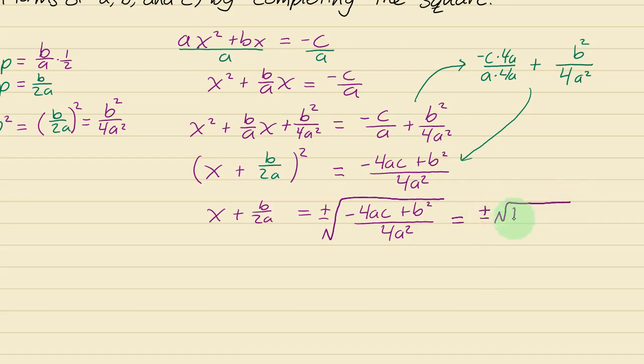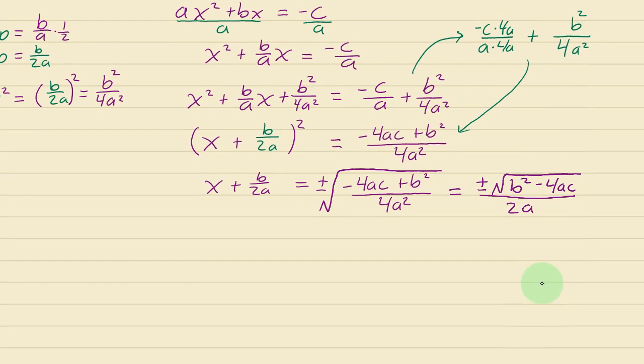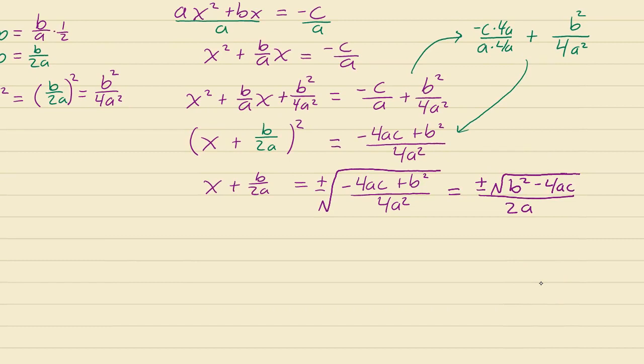And why not write this as b squared minus 4ac. I don't know why, no reason. And then the square root of the 4 is 2, and the square root of a squared is a. So now I can just take that and subtract this minus b over 2a from both sides.